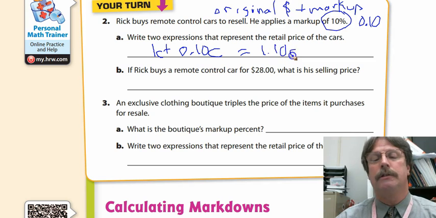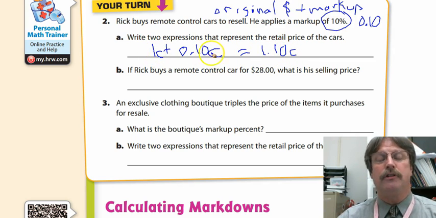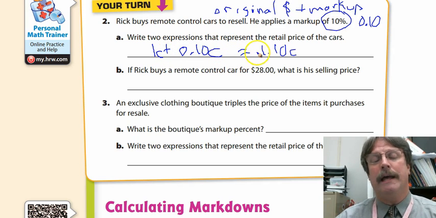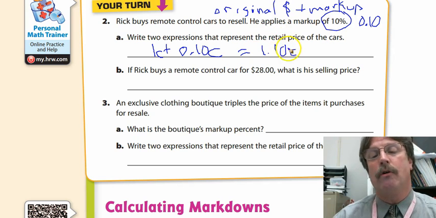First expression, second expression. What this tells us is what the original cost is, plus what 10% of the original cost is. And if we add those together, this tells us what the final cost is going to be at 1.1, which is 110% of the original cost.